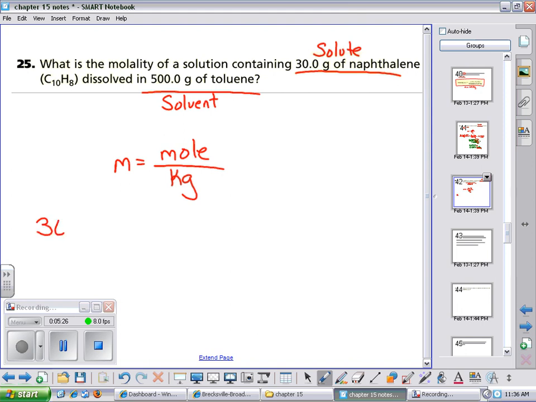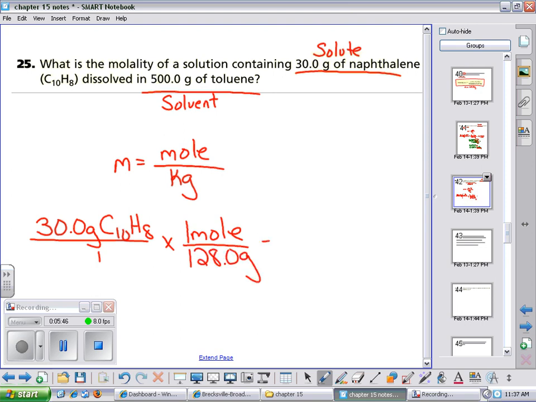So I have 30.0 grams of C10H8, which is the naphthalene. We're going to change that to moles. So carbon is 12 plus the hydrogen, so we're talking 128 for the gram formula mass.